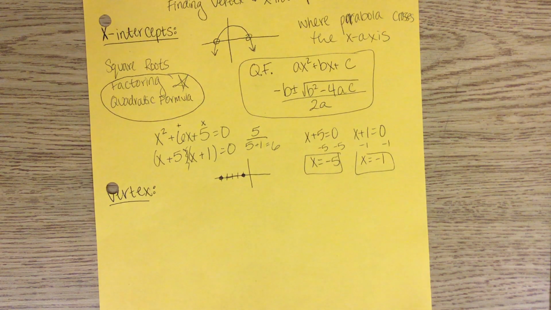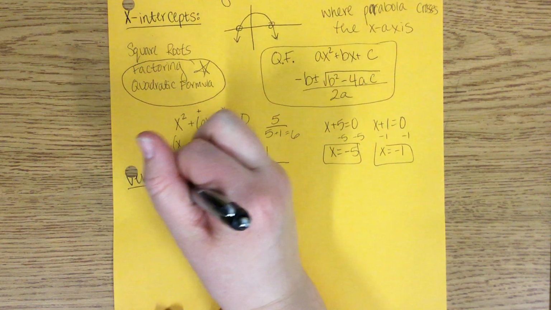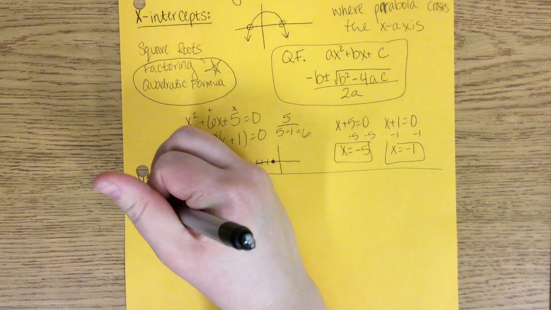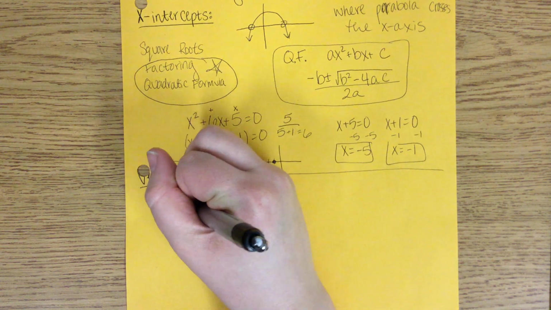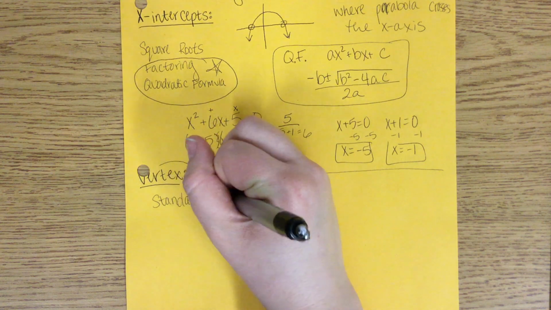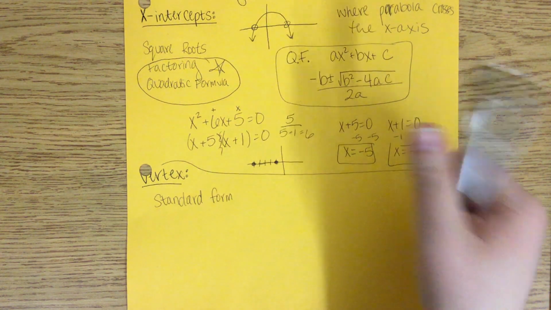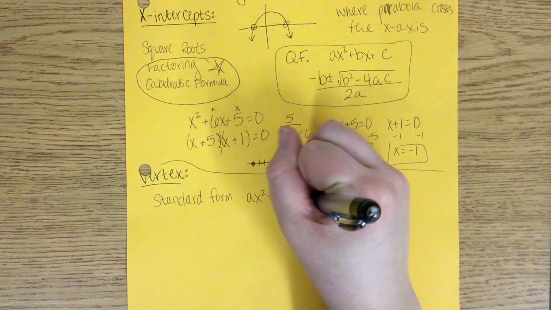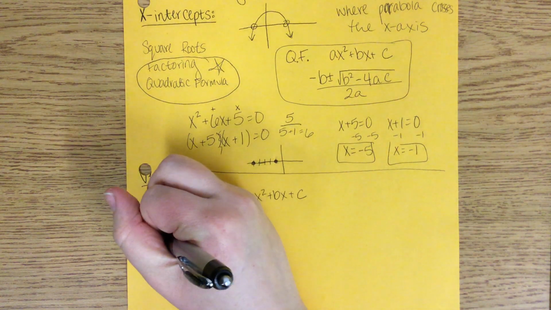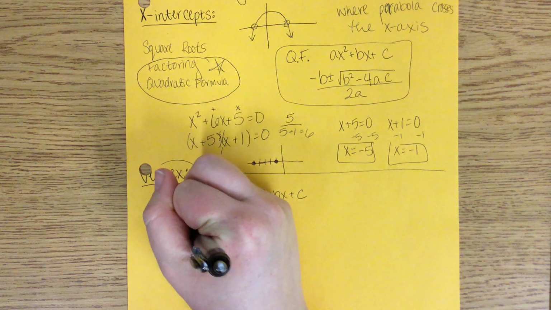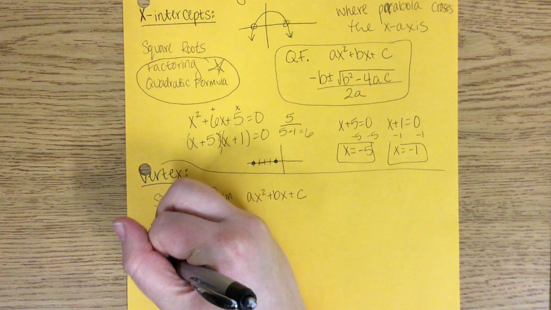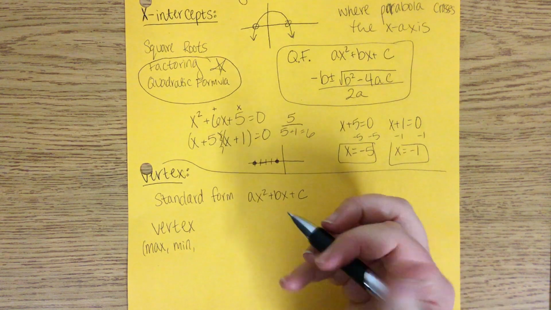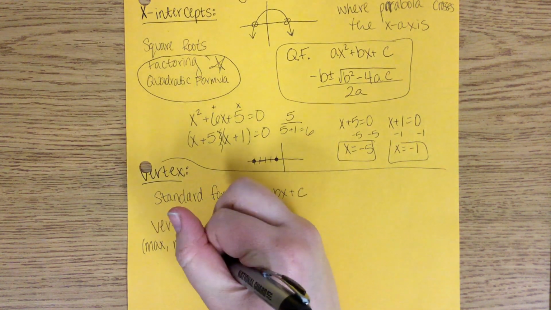Okay. Finding a vertex. Okay, a majority of your problems are going to be in standard form. Okay. Which is that form I wrote up here earlier, ax squared plus bx plus c. So to find the vertex, remember that vertex is also called the maximum or the minimum. It's that spot where the graph turns around.